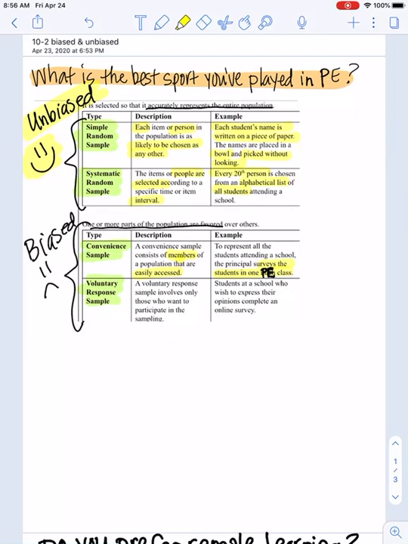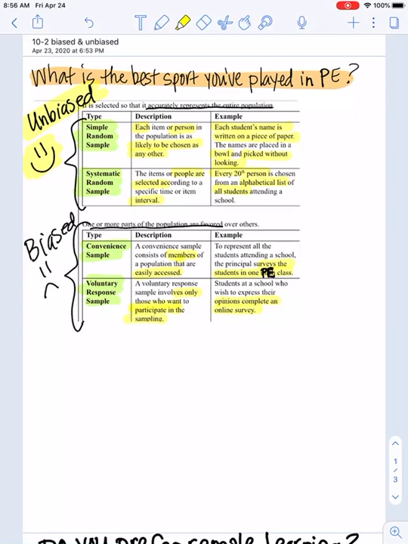Okay, so it's biased. And then the last type of biased sample is called a voluntary response. So with this, only those who want to participate do. So it's voluntary. So an example would be Miss Wilson posts on the 7th grade Google Classroom and the 8th grade Google Classroom her survey question of what is the best sport you've played in PE, and she says it's optional, you don't have to do the survey.